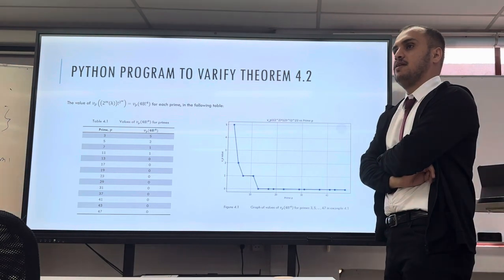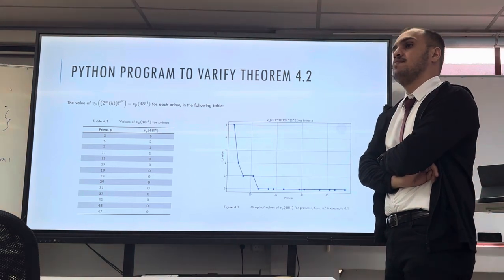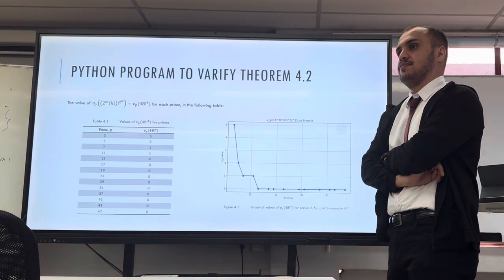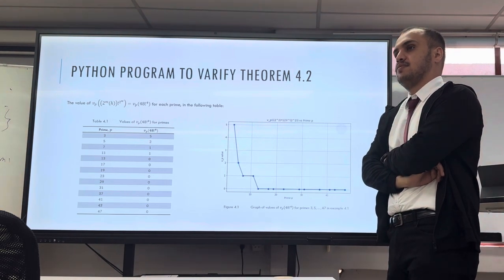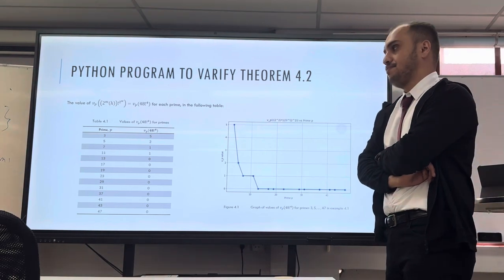So in your thesis, you should describe a little bit about that. The behavior of the exponents. Not only the table, not only the graph. It means that you know something from the graph.